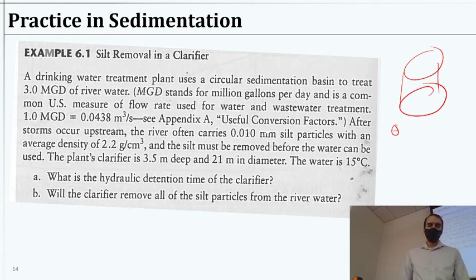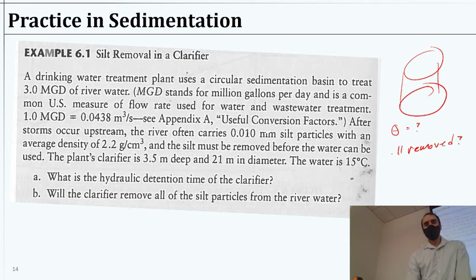The silt must be removed before the water can be used. The plant's clarifier is 3.5 meters deep, 21 meters diameter, so certainly not drawn to scale here. And the water is 15 degrees Celsius. Okay, so it's asking for theta, and then it's asking for essentially all particles removed. Those are the two questions.